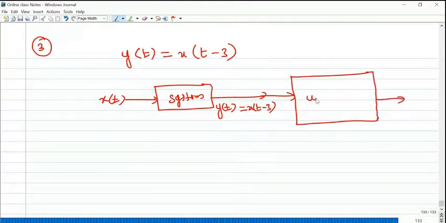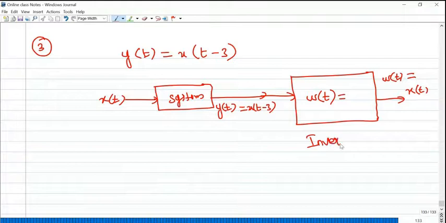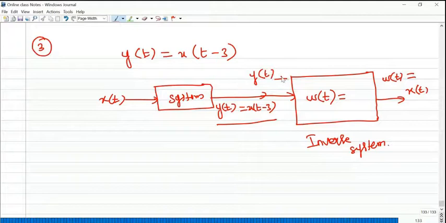If I design an appropriate inverse system, for input y(t) my output should be equal to x(t). So what should be the inverse system? I'm passing this y(t) through the system, so I need to design an inverse system such that my output w(t) should be equal to x(t).